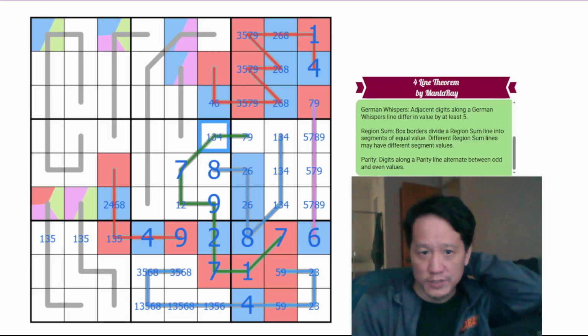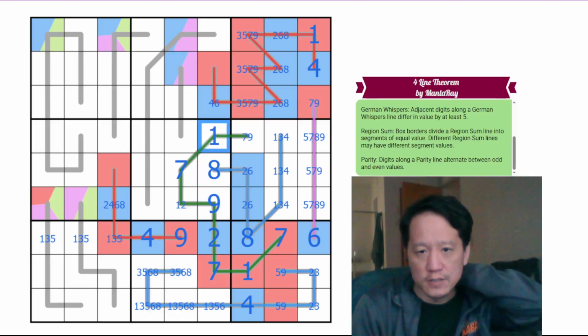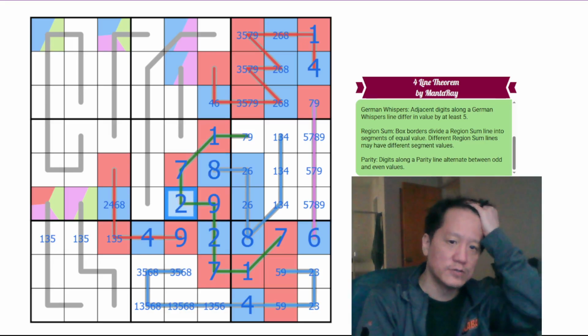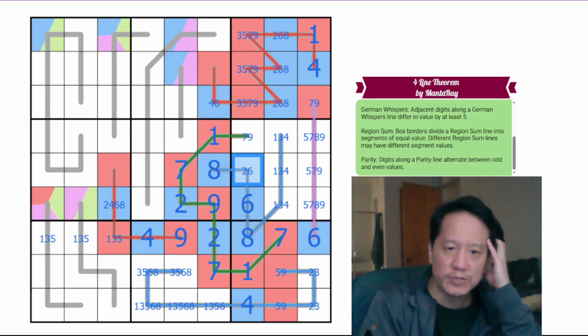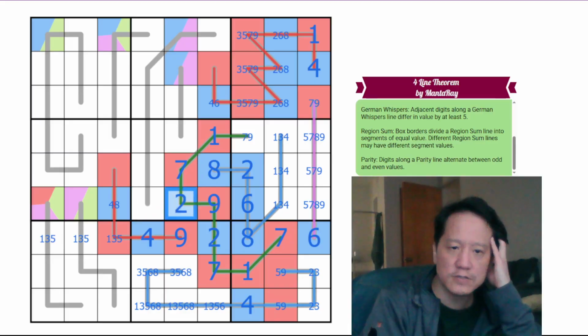It has to be 1 to be next to it on a Whisper 5 line. So then this is odd, odd, odd, and these must be even. So it cannot be 1 here, so this must be 2, which makes this not 2, that's 6, which means it's not 6, that's 2. This can't be 2 or 6, it's 4 or 8. This can't be 9, no 7.